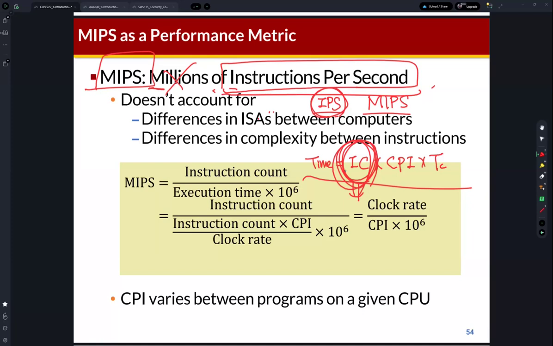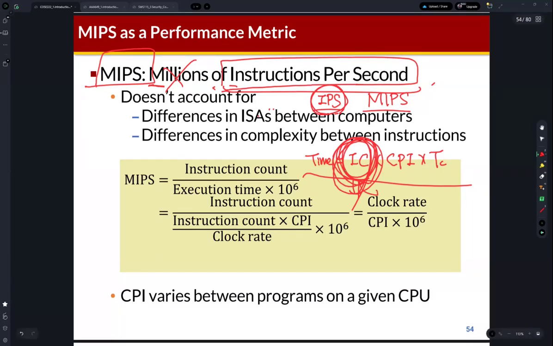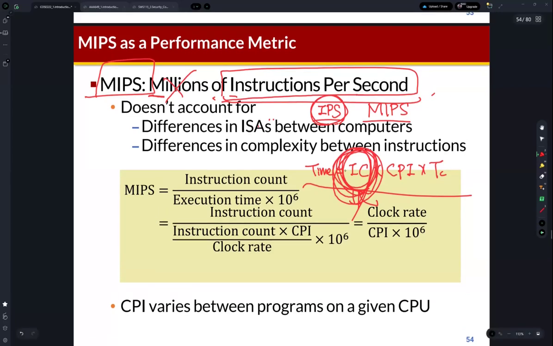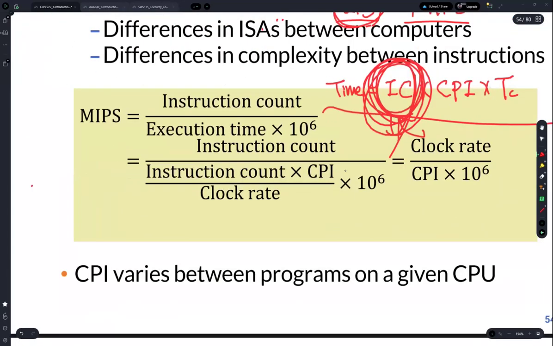But because MIPS does not consider the instruction count, we cannot use MIPS if this information is not provided. For example, take the same application A, compiled to different ISAs, like x86 ISA and then ARM ISA.